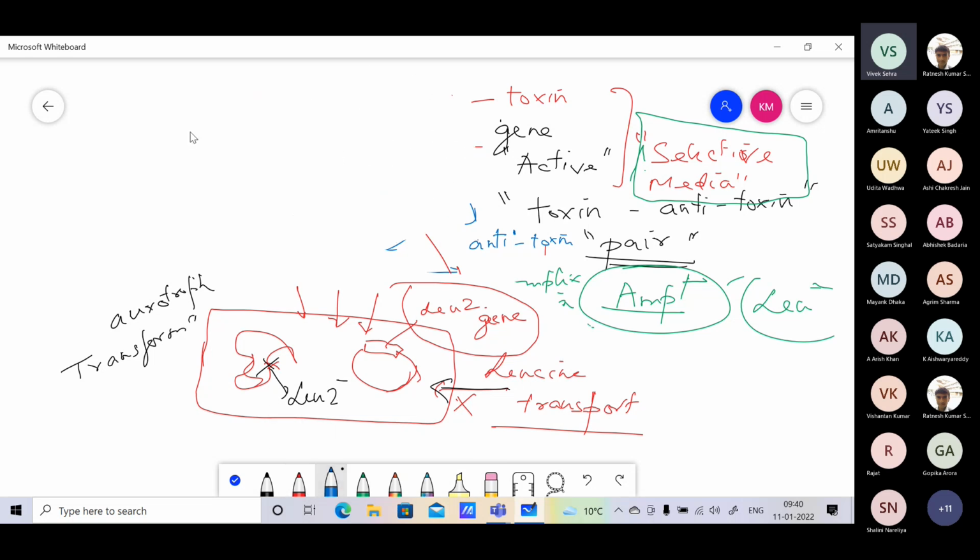You want a plasmid inside the cell because you want your gene of interest to be inside, right? So you will construct this plasmid with the gene of your interest and leucine 2 and so on and so forth, and you will introduce it inside the cell by a process called transformation.